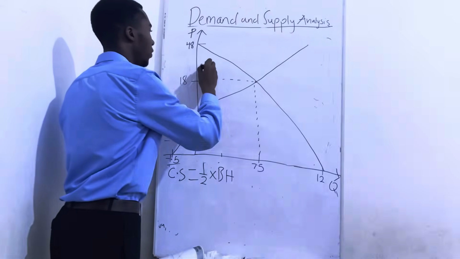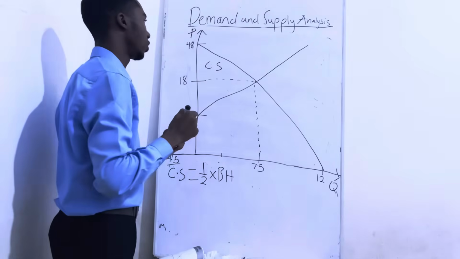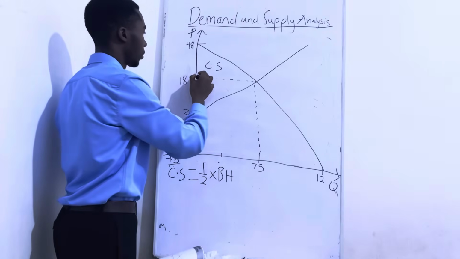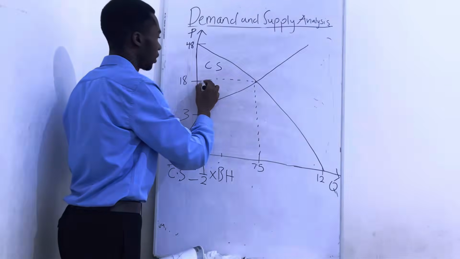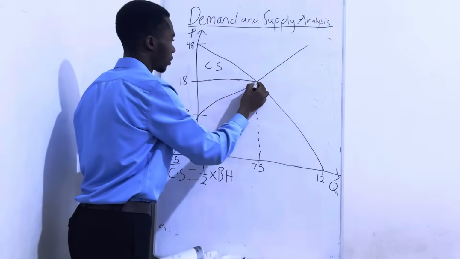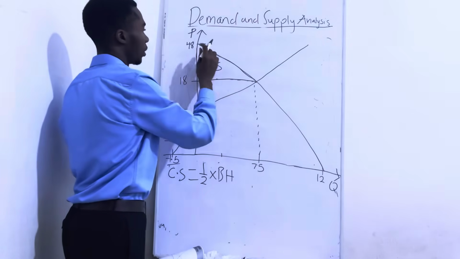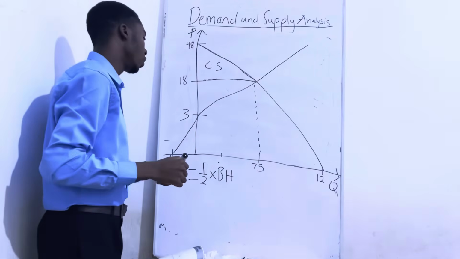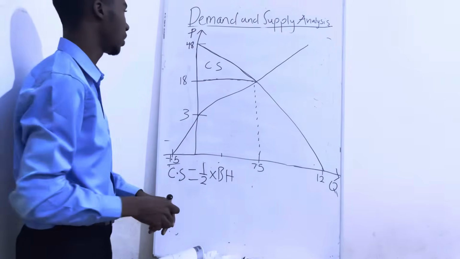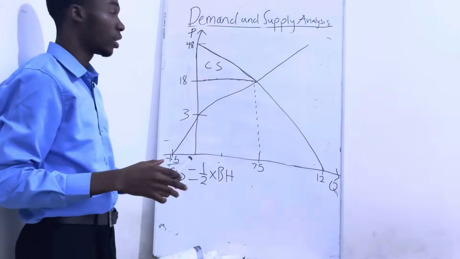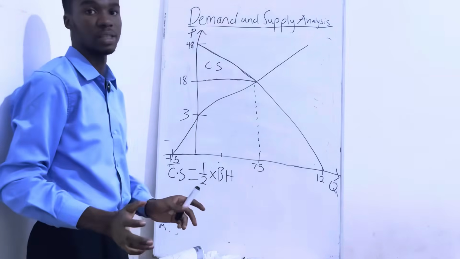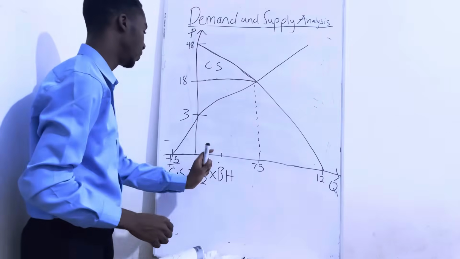This triangle here is the part that represents the consumer surplus. The formula for calculating the area of a triangle is half times base times height, so half times b times h.